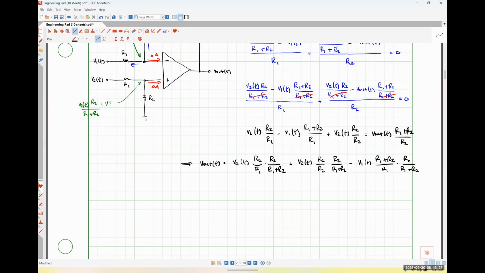So let's do some simplifications here really quickly, okay? So I've got an R1 plus R2 divided by an R1 plus R2, so those guys cancel each other out pretty easily. This guy right here looks like R2 over R2, that's literally just 1. So they cancel each other out.